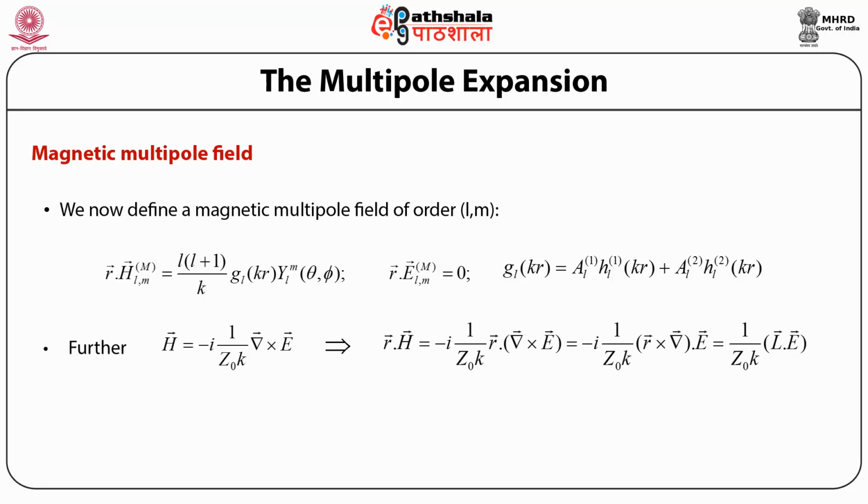Now r dot H can be related to the electric field by the equation r vector dot H vector is equal to minus i 1 divided by Z naught k into r vector dot del cross E vector, equals minus i 1 divided by Z naught k into r vector cross del vector dot product with E vector, equals 1 divided by Z naught k into L vector dot E vector.